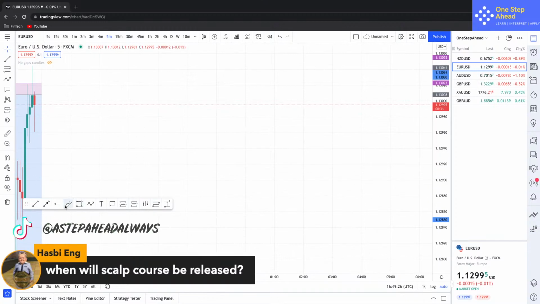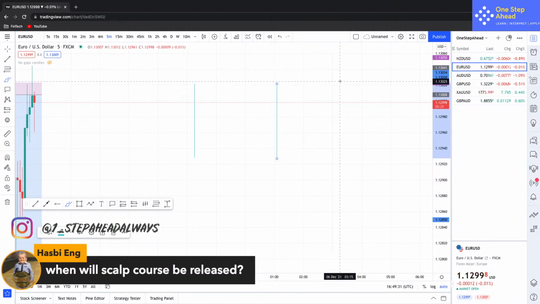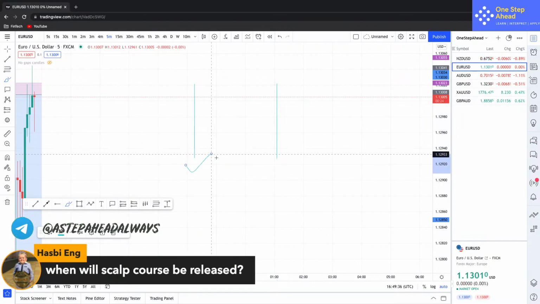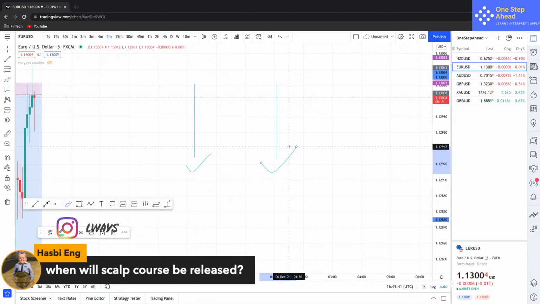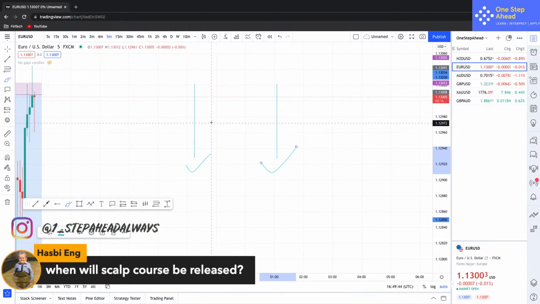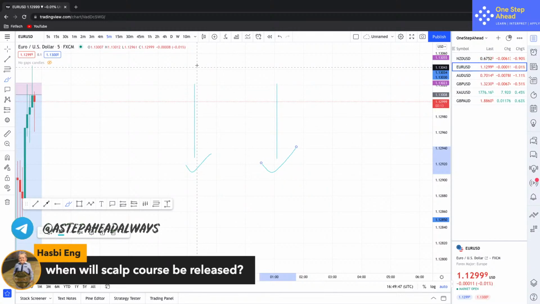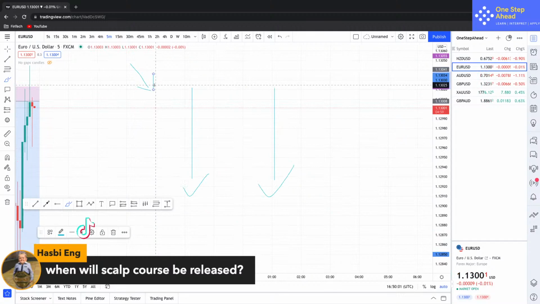Let's say this is your Asia, this is London Open and this is New York Open. For your trade, let's say your daily bias is short, for example in Euro Dollar it was short.